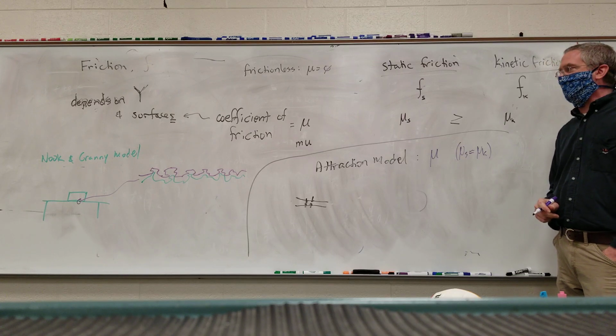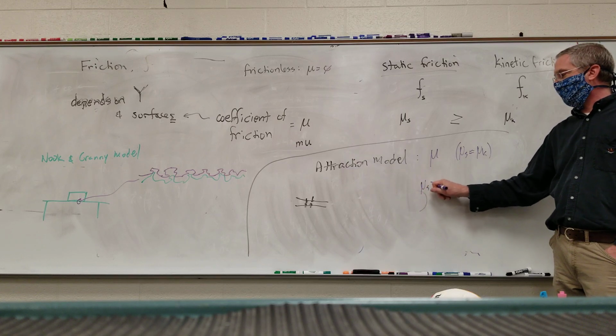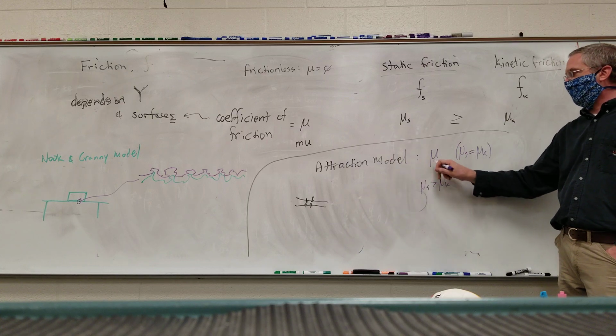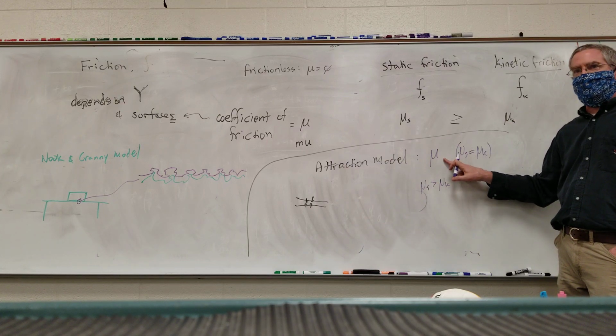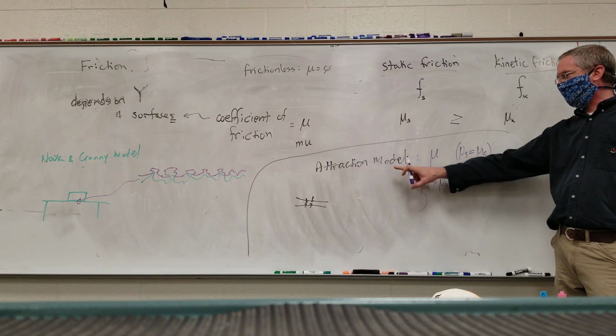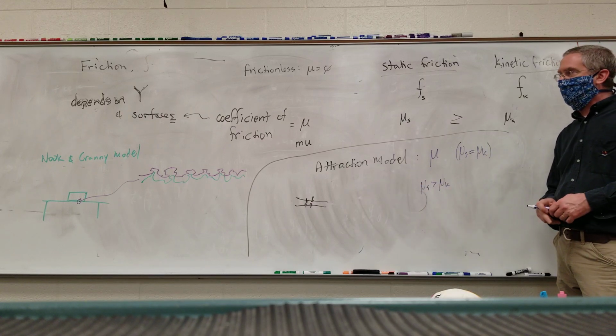The other school of thought is it's still, once it gets going, it's still easier to move, and so you still have mu s is greater than mu k. So the first textbook I saw which talked about this model, this is the tack that they took. The physics textbook I'm using with the calculus-based group, they use the attraction model, but they still have mu s greater than mu k.